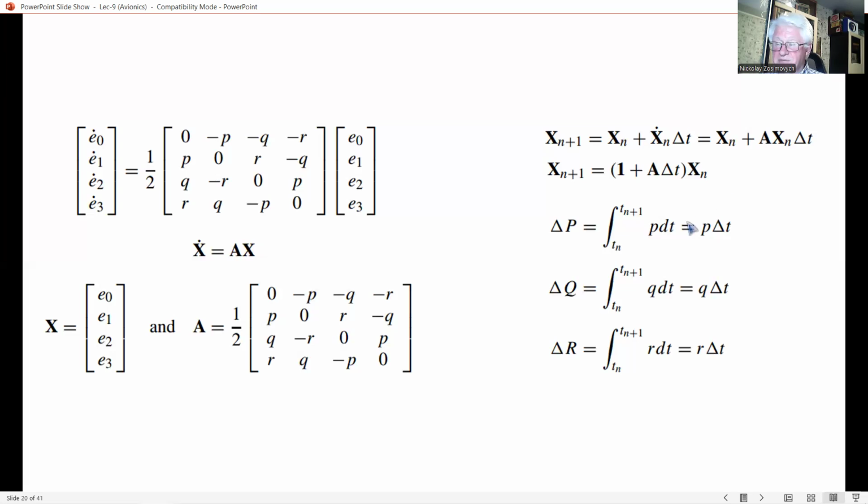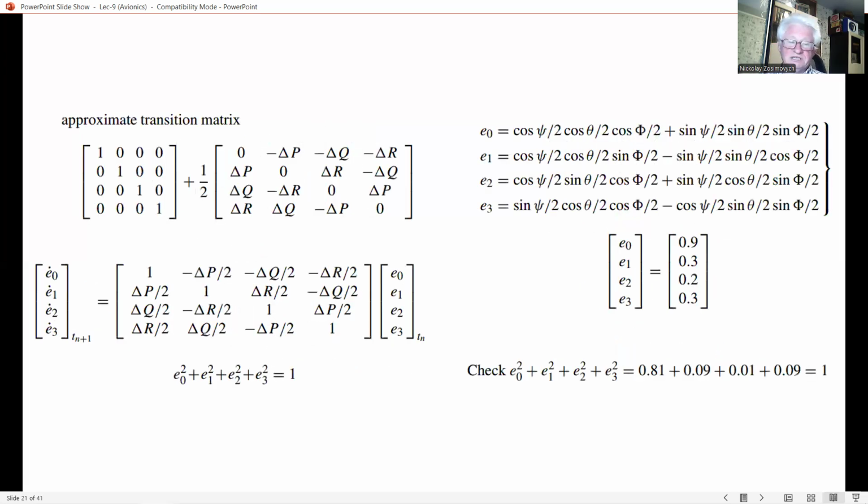But generally it's very simple: P delta t, Q delta t, and R delta t. Hence, the approximate transition matrix can be rewritten in this form. And hence, we can write the next form. The vector E at tn plus 1, after the next integration, gives us this expression: a matrix times the previous vector.